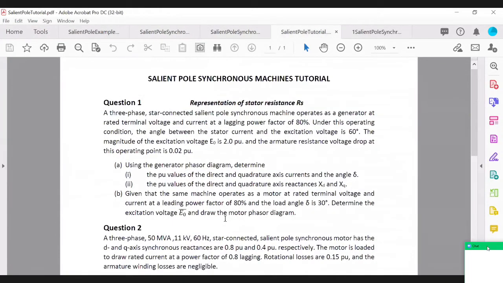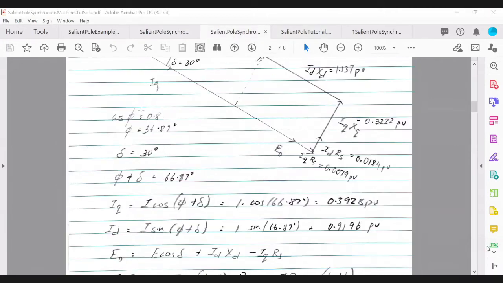So they said the motor is operating at rated terminal voltage and leading power factor at 0.8, and we've been given the load angle, right? So we know what is delta, and we are asked to basically work out E naught.